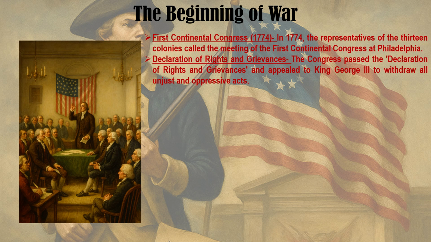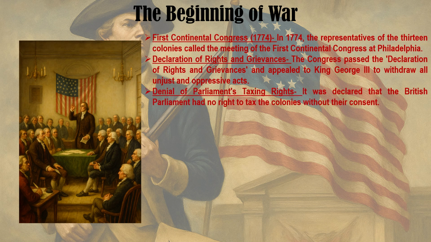So the Congress made a list of the wrongs being done by the British government to the American people. They said these are the wrong things which are happening with us, and they sent that list to King George III of England and requested him to withdraw all those oppressive acts which harmed the American people.